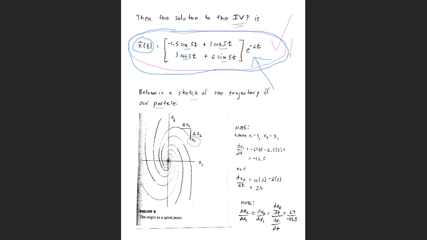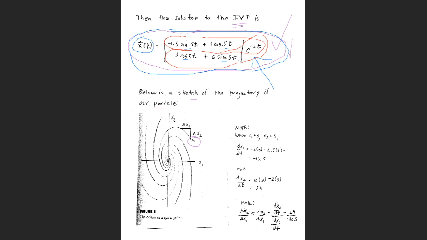In terms of coordinates, remember, you have two coordinates here in your solution. You have this coordinate, e to the negative 2t times that function there, and then you have this other coordinate. And so spiraling is caused by the sines and cosines.